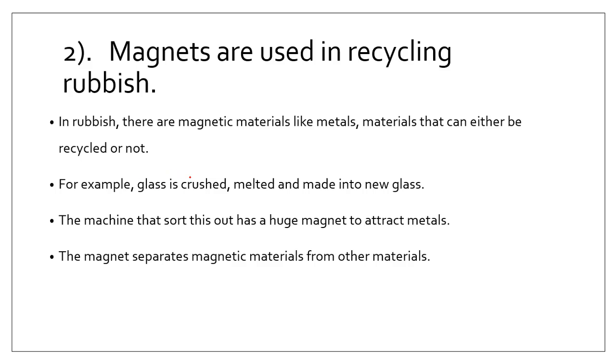It's like you are trying to separate the metals from glass. So the machine which has magnets that sorts this out has a huge magnet to attract metals. The magnets separate magnetic materials from other materials. That is what I was explaining.